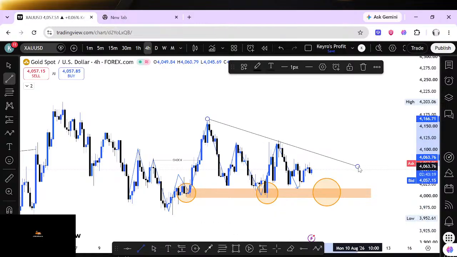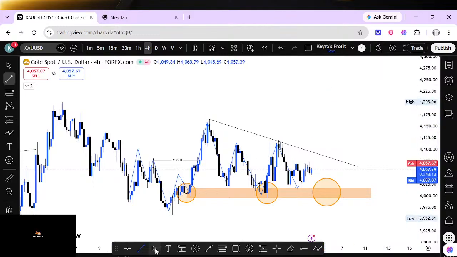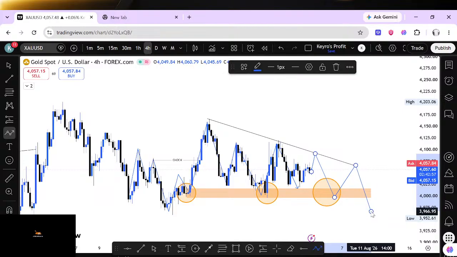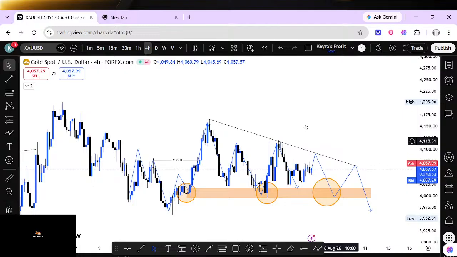Whenever I see a change of character, I always mark what I see interesting in the market. So I mark it like that and see where the market tested and retested. Then I expect another movement to come to around this zone here and test there and come maybe to this zone, test, and now as we proceed. That's one of the ways I make my identifications of the movements in the market.